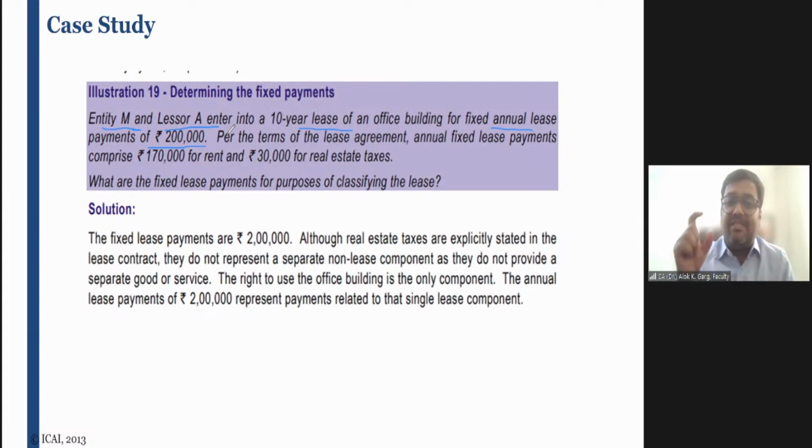What are the fixed lease payments for the purpose of classifying the lease? In this case, if I talk about the lease component and non-lease component, the 30,000 rupees which the lessor is collecting from the lessee, is the lessee getting any goods or services out of this 30,000 of real estate taxes? The answer is no. For example, I am living in a society, I am paying a rent of 30,000 rupees and 5,000 rupees of maintenance.